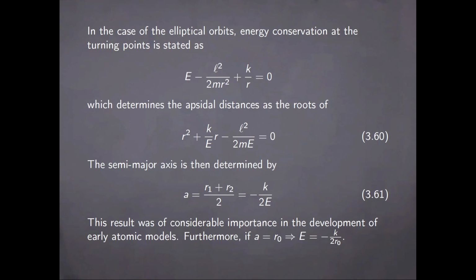Furthermore, if the semi-major axis happens to be r0, then the energy is just minus k over 2r0. So in this specific situation where these roots are the same, we just recover the expression for circular motion.